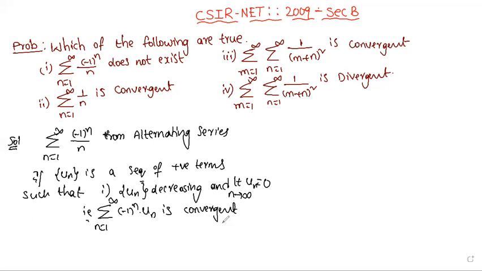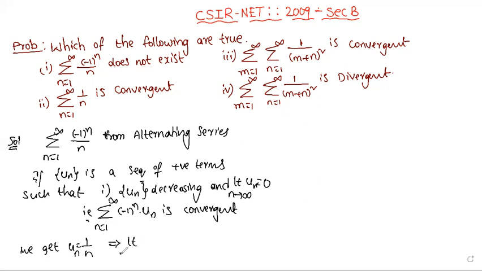So we can compare the given series with summation n equals 1 to infinity, (minus 1) to the power n divided by n. After comparison, we get 1 by n into (minus 1) to the power n. Let us assume that un is equal to 1 by n.